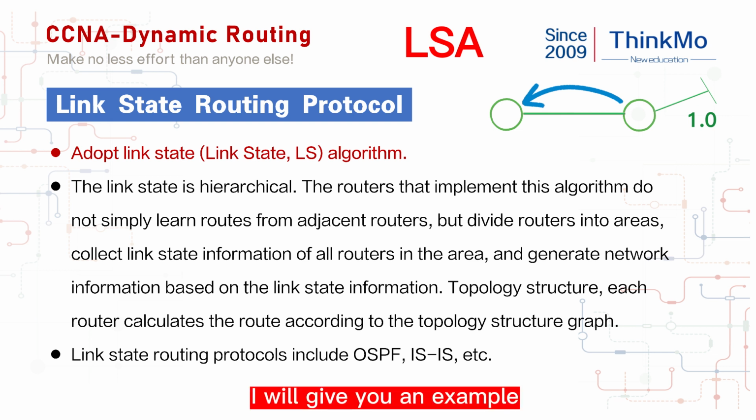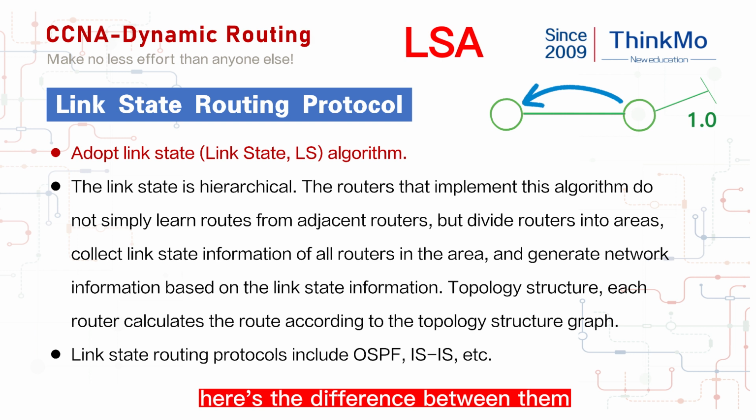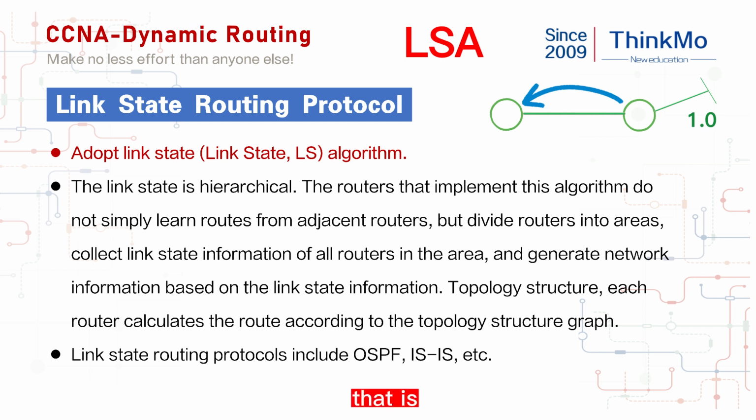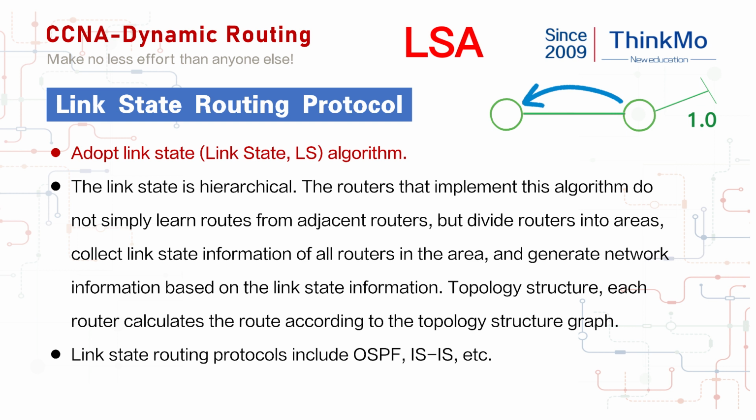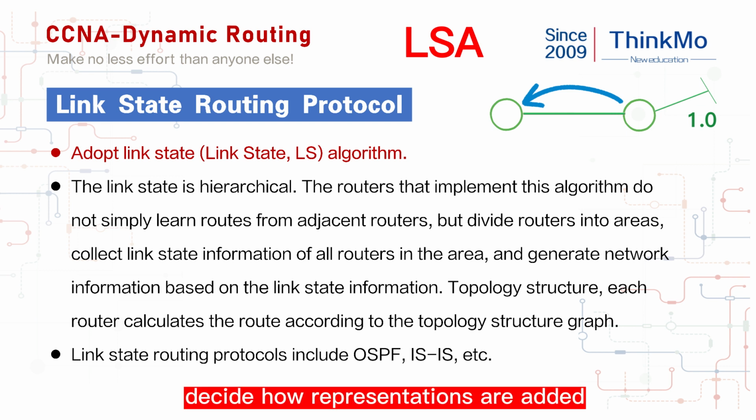I will give you an example. A link state routing protocol is like giving you some ingredients. If you want to eat, cook for yourself. A distance vector routing protocol is like cooking for you. You eat it directly. Here's the difference between them. That is, LSA is like a raw material. It gives some info to the device. After the equipment calculates it itself, it decides how to add the routes.